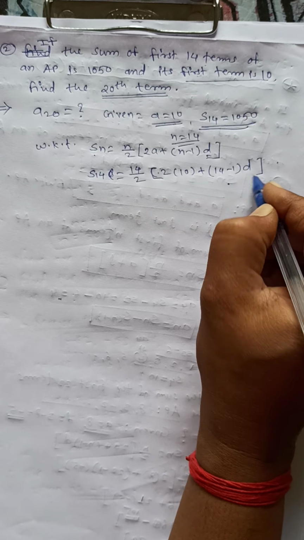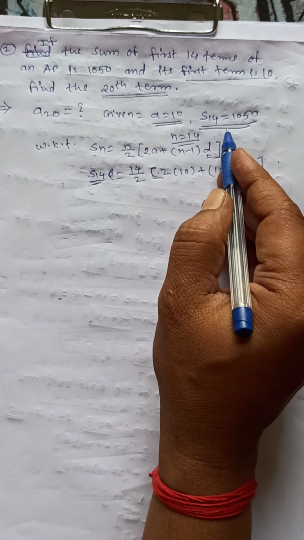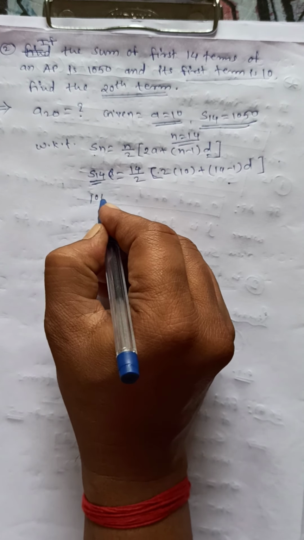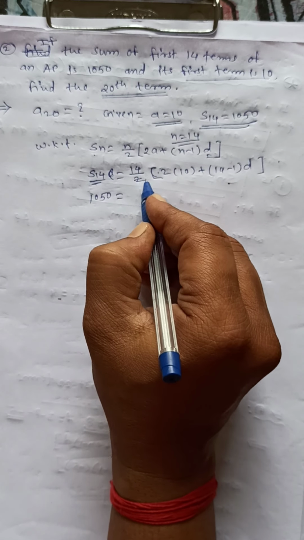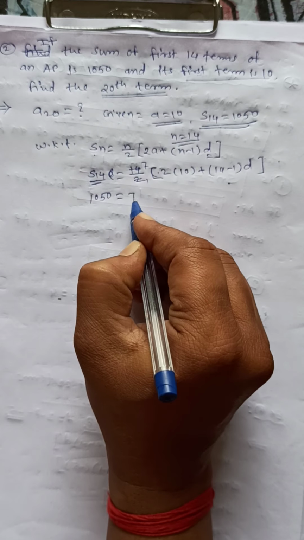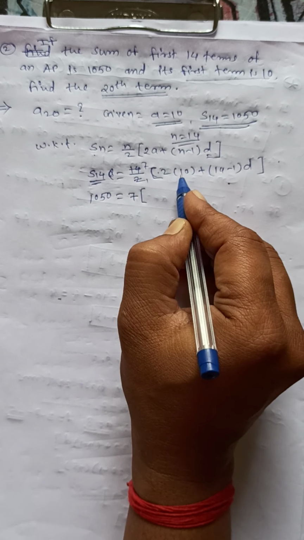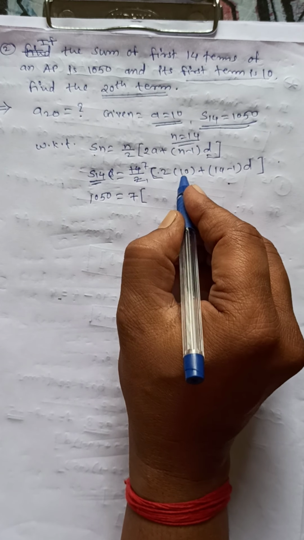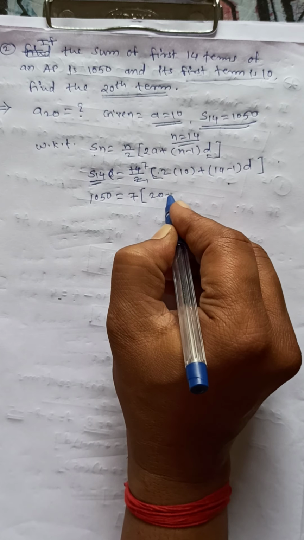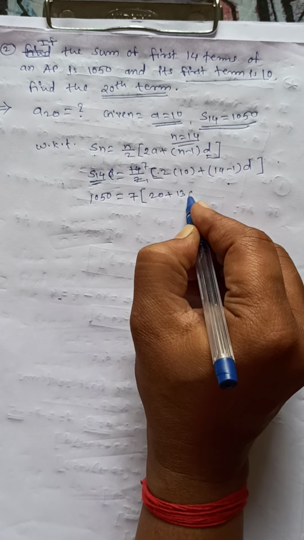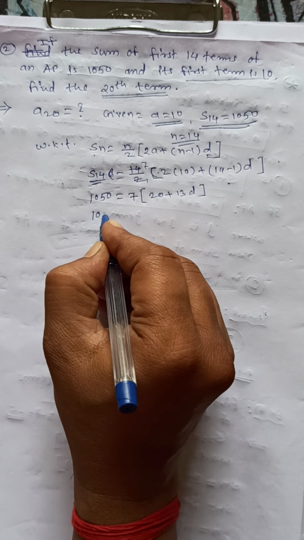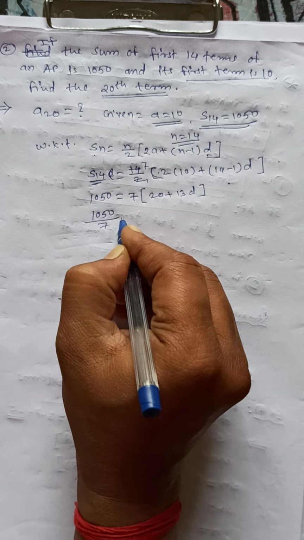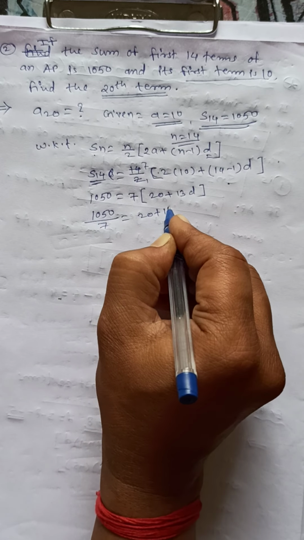S14 value is also given, so 1050 is equal to 7 into (2 into 10, which is 20, plus 13d). 7 I'll shift here: 1050 upon 7 is equal to 20 plus 13d.